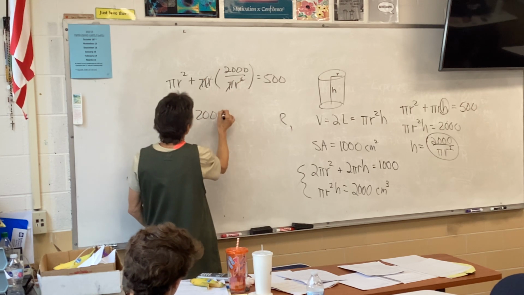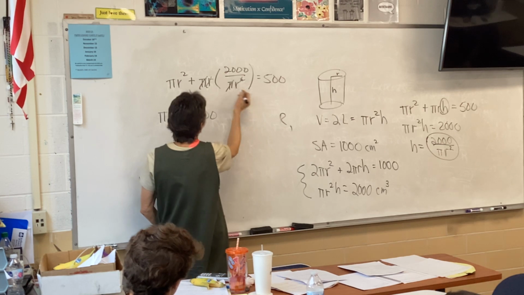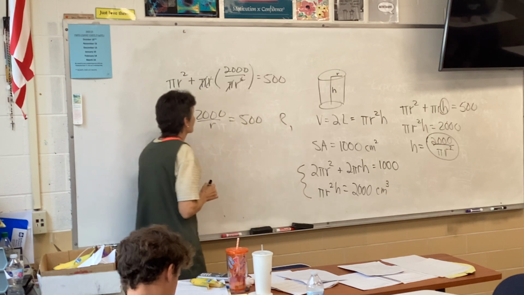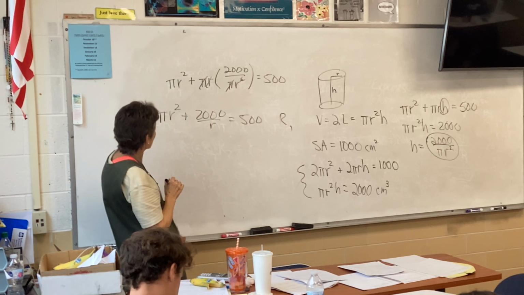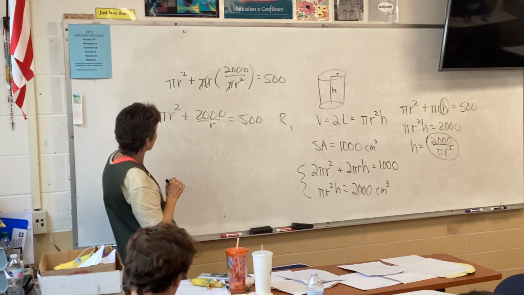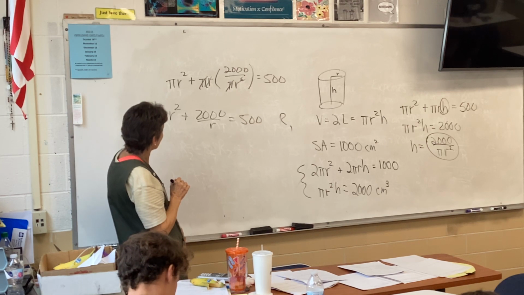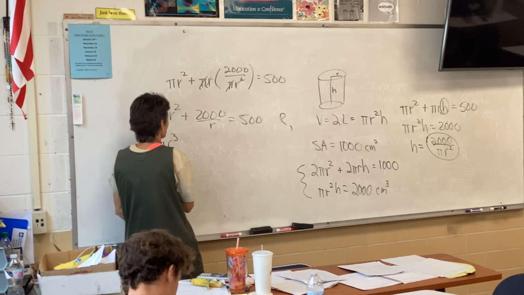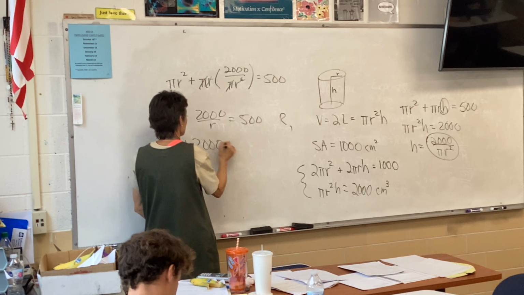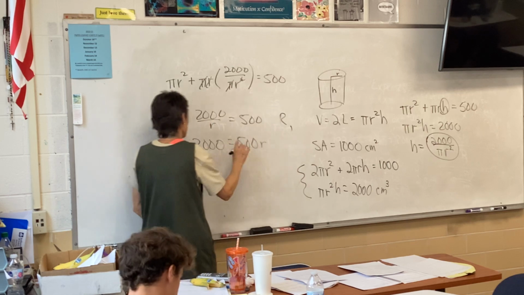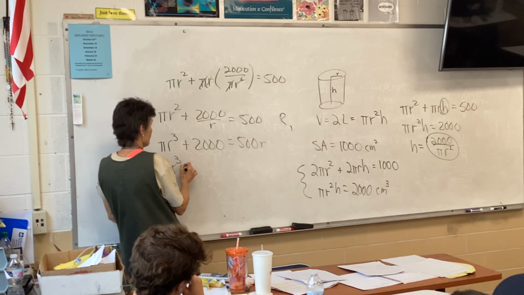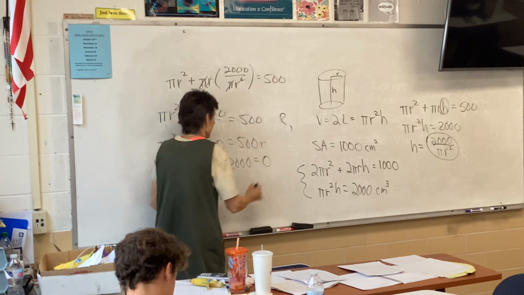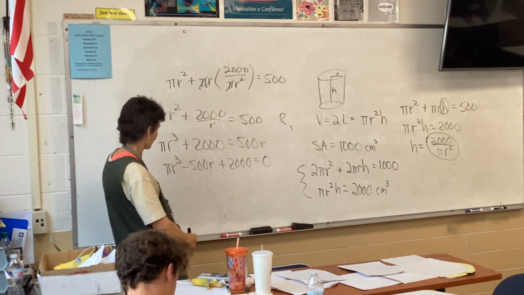So it's 2,000 over r. Is that right? We just multiply everything by r. I absolutely could, so pi r cubed plus 2,000 equals 500 r, or pi r cubed minus 500 r plus 2,000 equals 0, if I wanted to get it equal to 0.